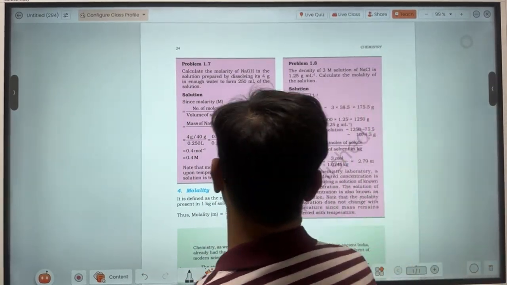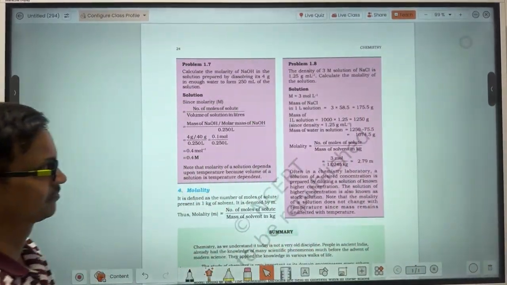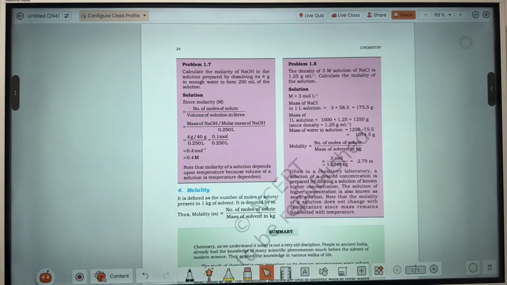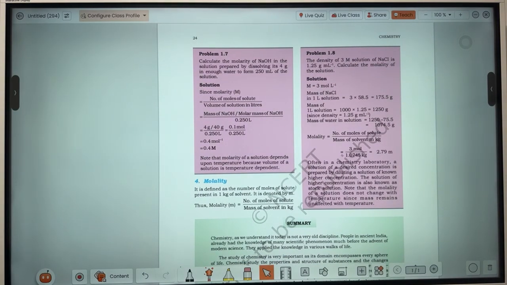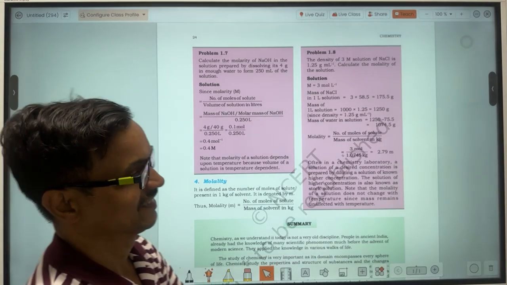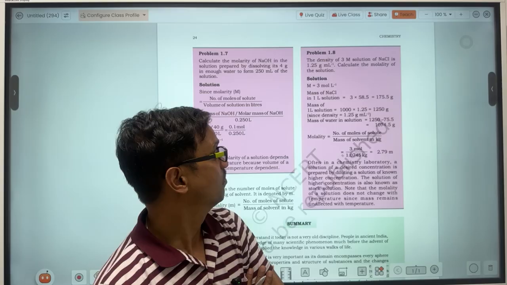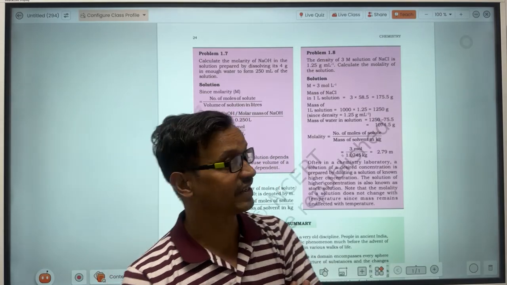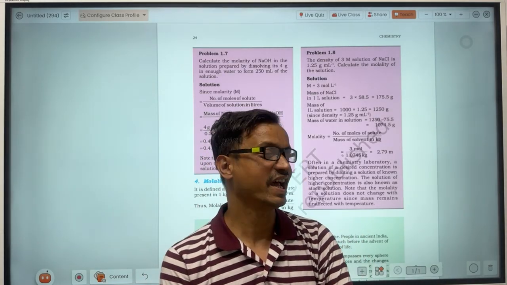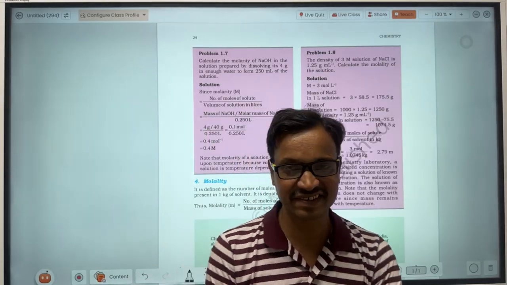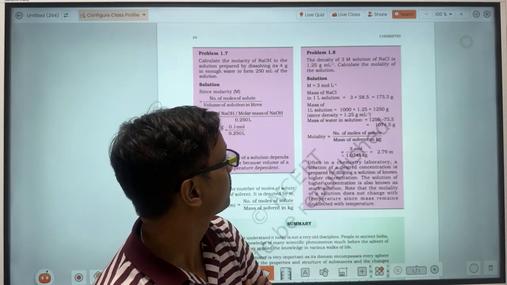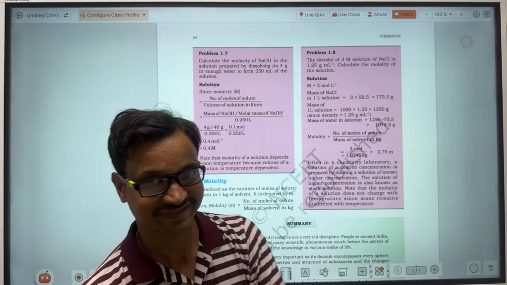This question. Here molarity is given and it is asking for the molarity of the solution. Molarity is 3M, and the density of the solution has been given.